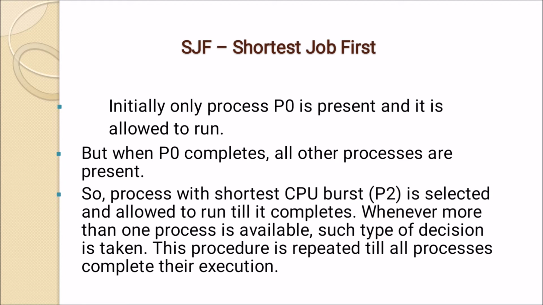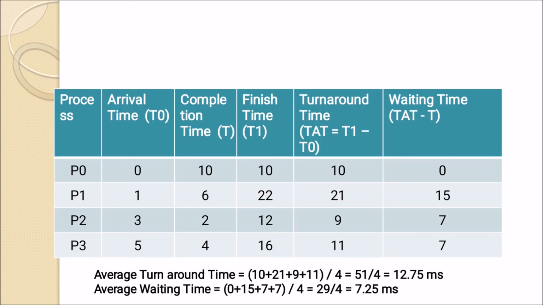Initially we have only one process, so there is no need to arrange in ascending order and we do not worry about selection. But when more than one process is present, we have to select one of them. Based on the shortest CPU burst, we selected P2. This procedure is repeated till all processes complete their execution.